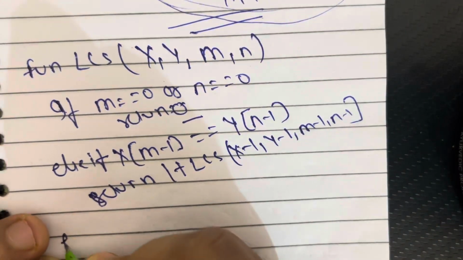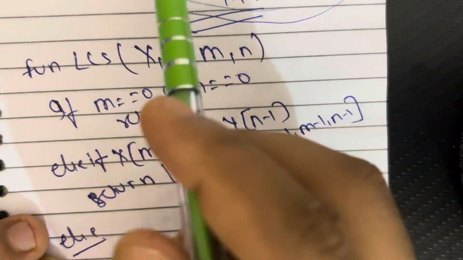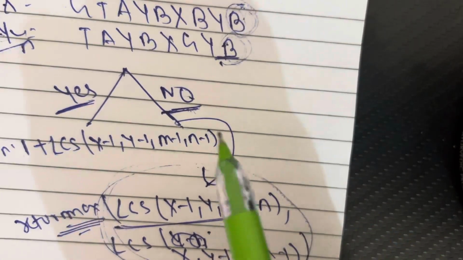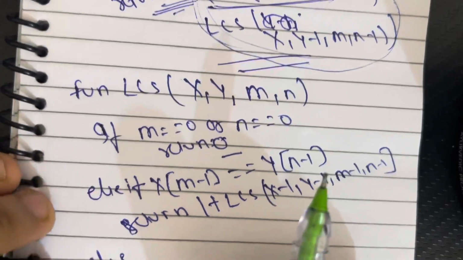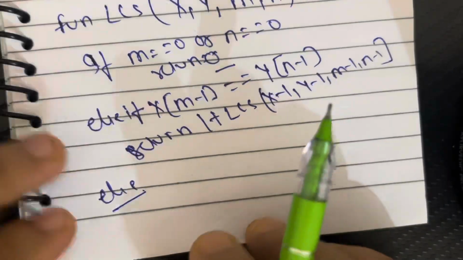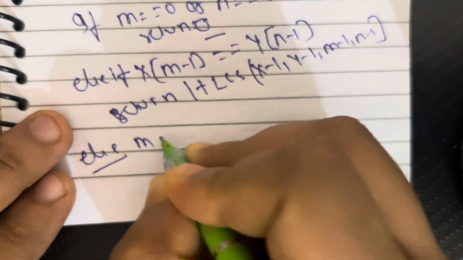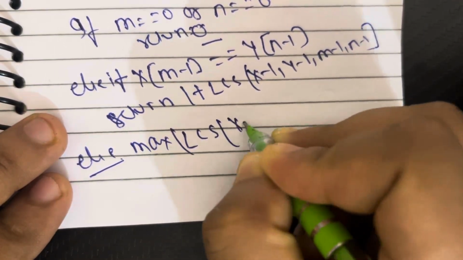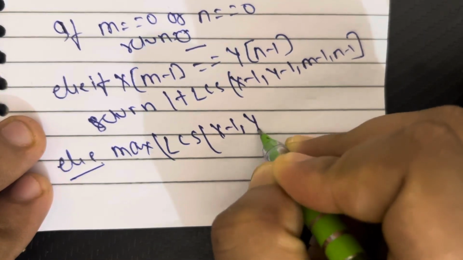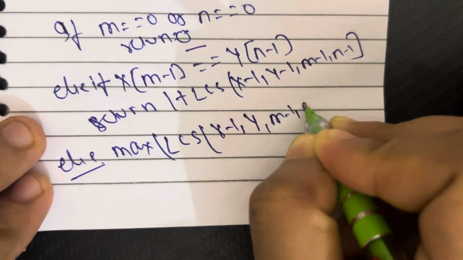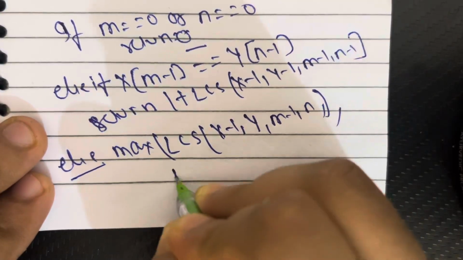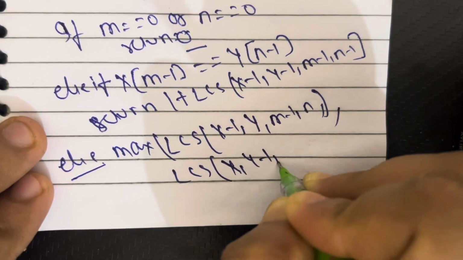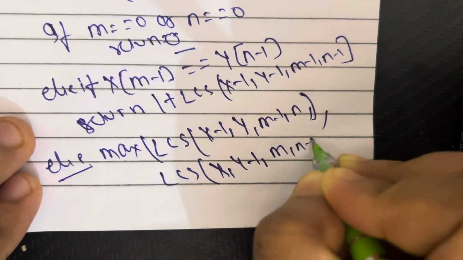Else, what if the last characters of x and y do not match? In this case we return the maximum of LCS(x minus 1, y, m minus 1, n) and LCS(x, y minus 1, m, n minus 1).